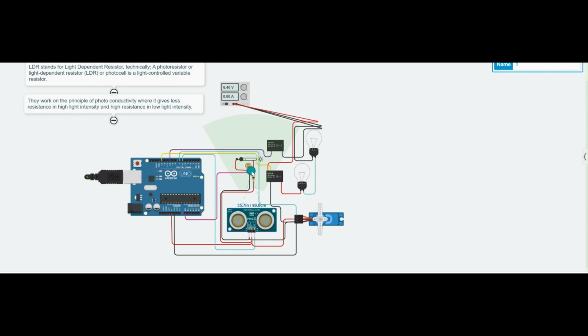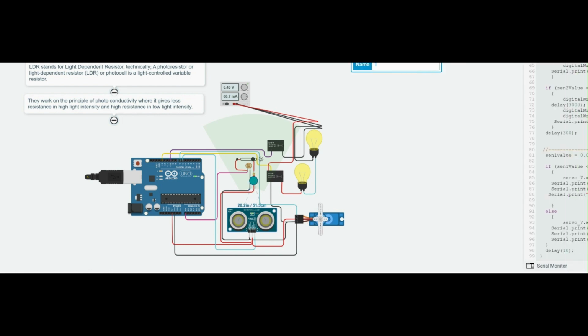This is the condition which I have mentioned in the Arduino, which is the predetermined code. According to the light intensity, the lights glow on like that. According to the position of the person standing in front of the ultrasonic sensor, the micro servo motor turns on and the door opens.